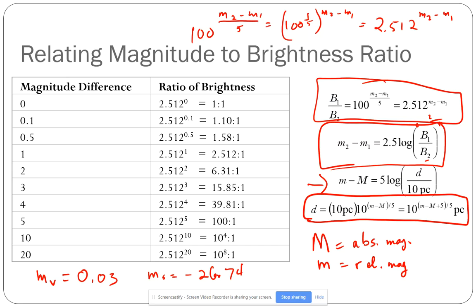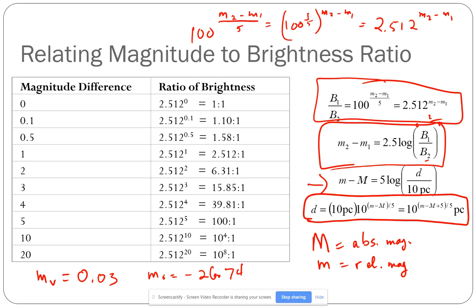So, how much brighter is the sun than Vega? A lot. Okay, Juliet already answered it. But we can actually calculate that. We can calculate the ratio of the brightnesses. So the ratio of the brightnesses is going to be 2.512 times the difference in those magnitudes.